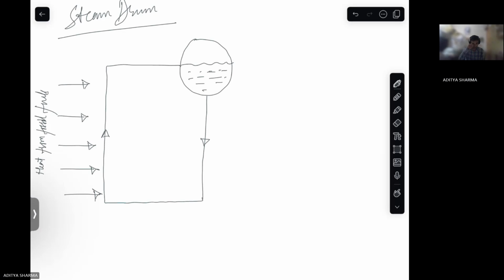Okay. So this is your downcomer. This is your riser. This has some height h.